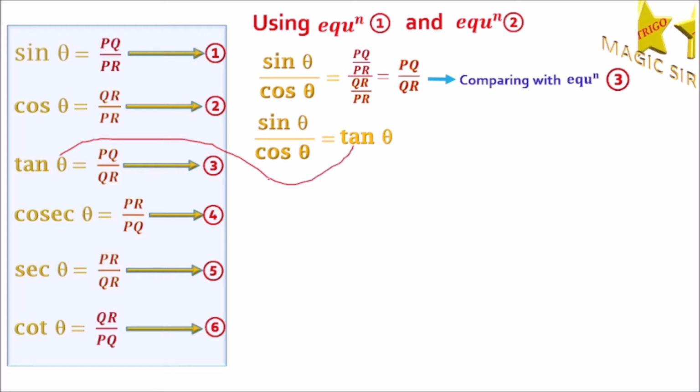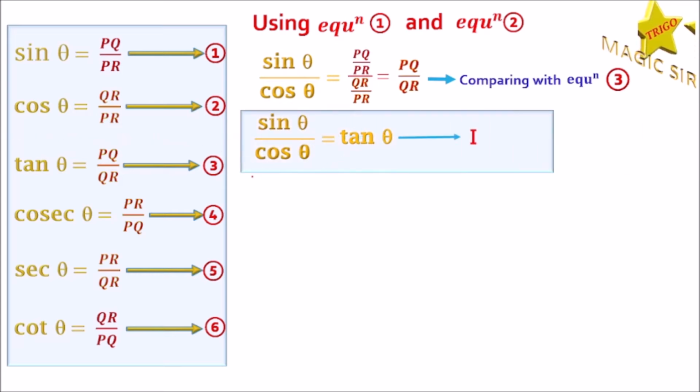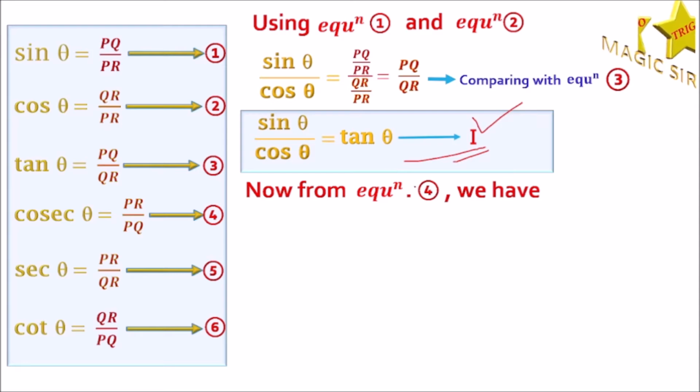This is our first relation. Here tan theta is the ratio of sin theta and cos theta. Please remember this relation.